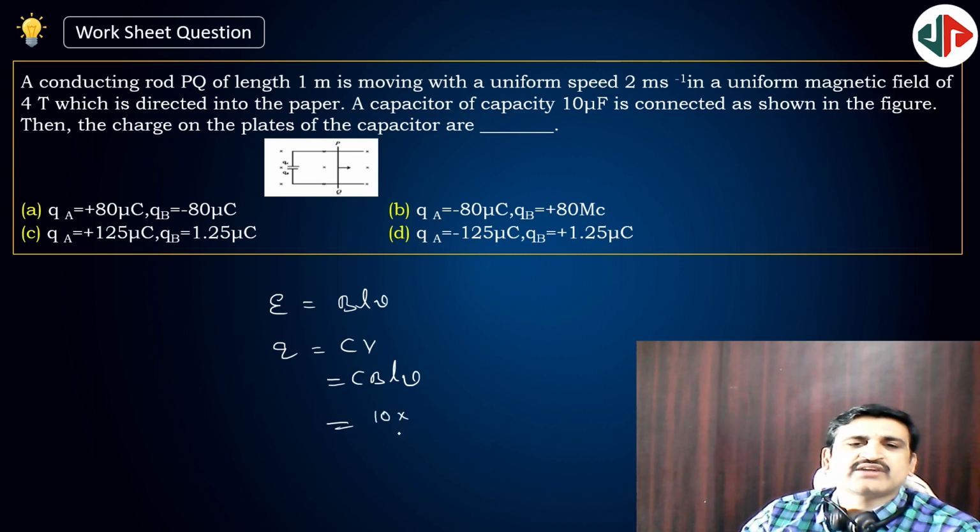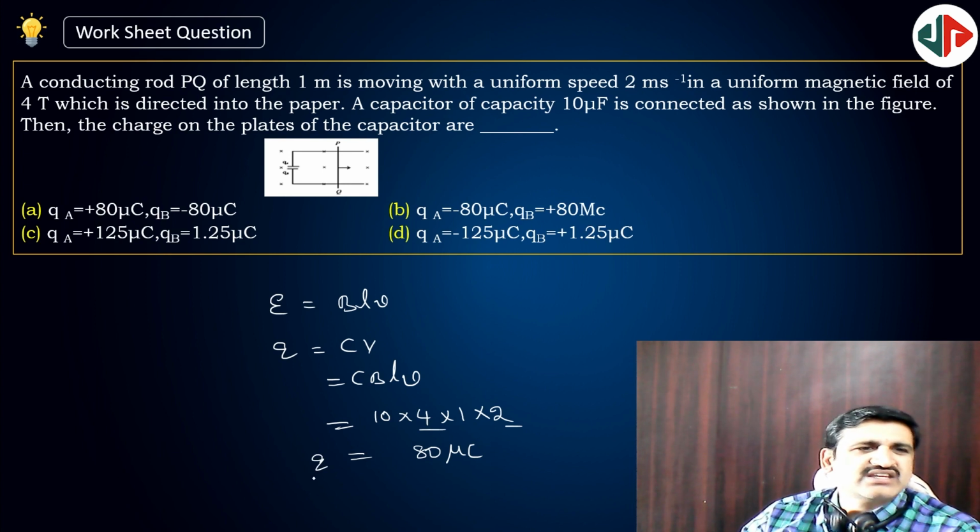Microfarad will give you microcoulomb of charge, so I will put 10 only. B is 4 Tesla, L is 1 meter, and velocity is 2 meters per second. So 4 twos are 8, and 80 microcoulomb is the charge.